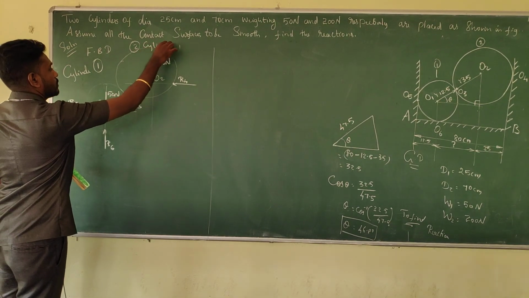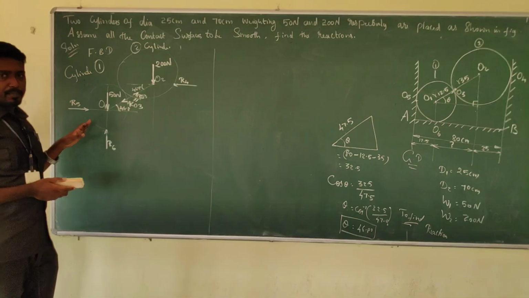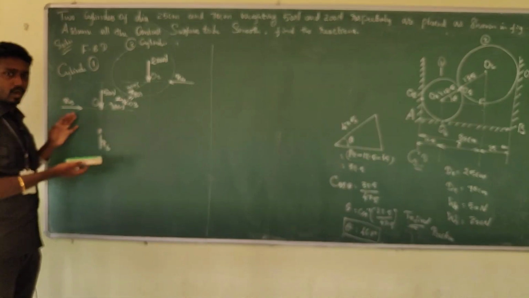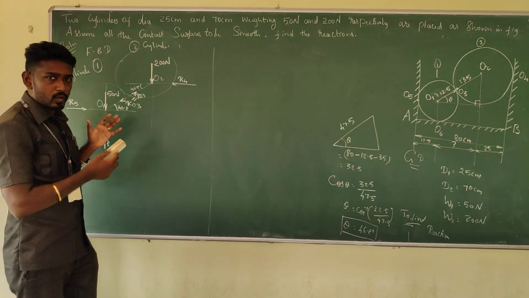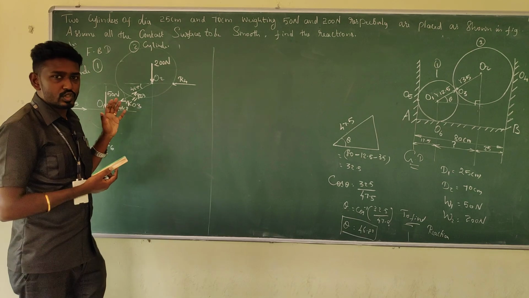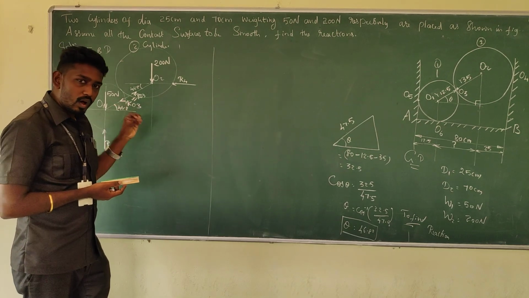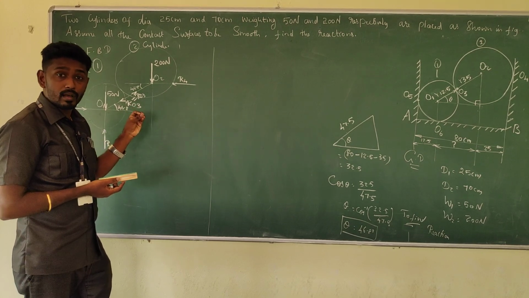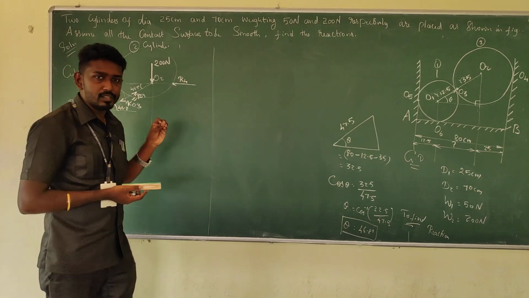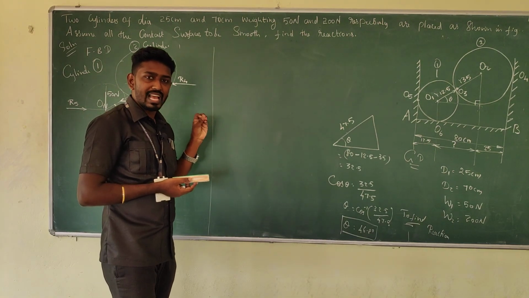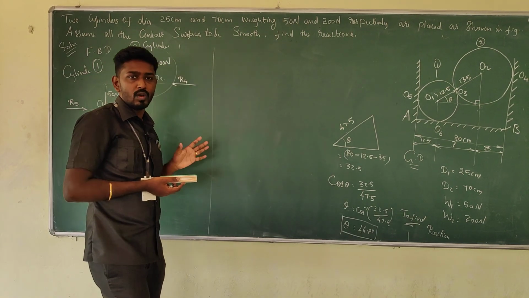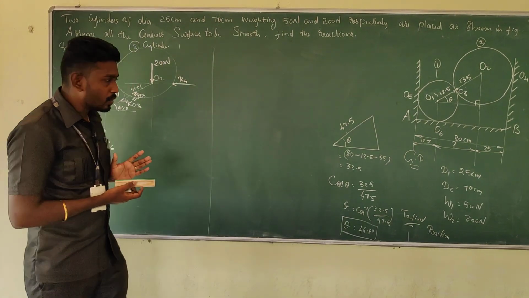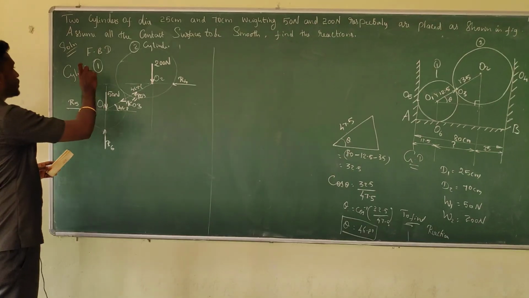Always remember, when you are considering the object in order to solve the question, first begin with the object or component which has the minimum number of unknown forces, so that we can reduce the complexity in solving the problem. So here, this is cylinder 1.